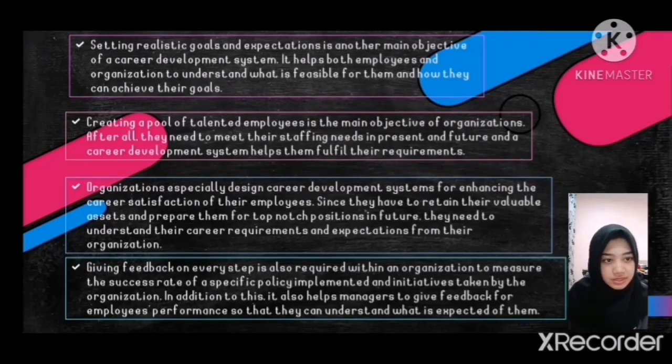Giving feedback on every step is also required within an organization to measure the success rate of a specific policy implemented and initiatives taken by the organization. In addition to this, it also helps managers to give feedback on employees' performance so that they can understand what is expected of them.